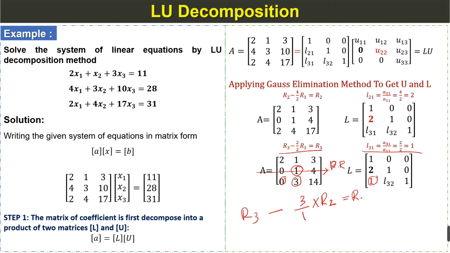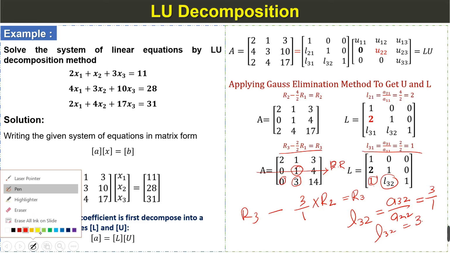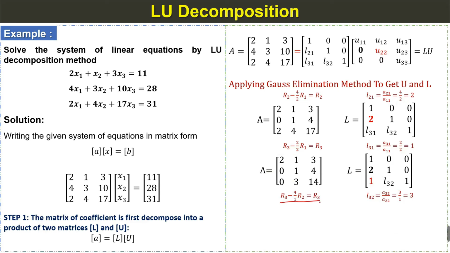This will give us the new R3, and here we get L32, which is equal to A32 divided by A22, the pivot coefficient. This is 3 divided by 1, so L32 is equal to 3. Now we can see that this term is eliminated, and here we get the value of L32.